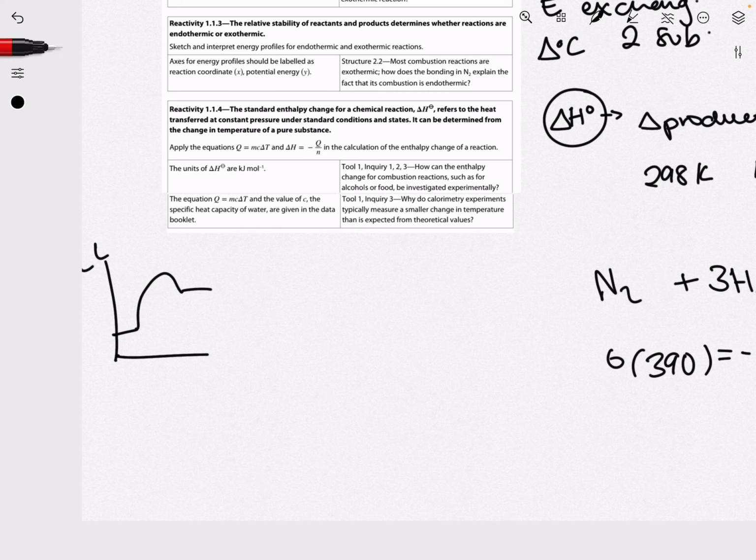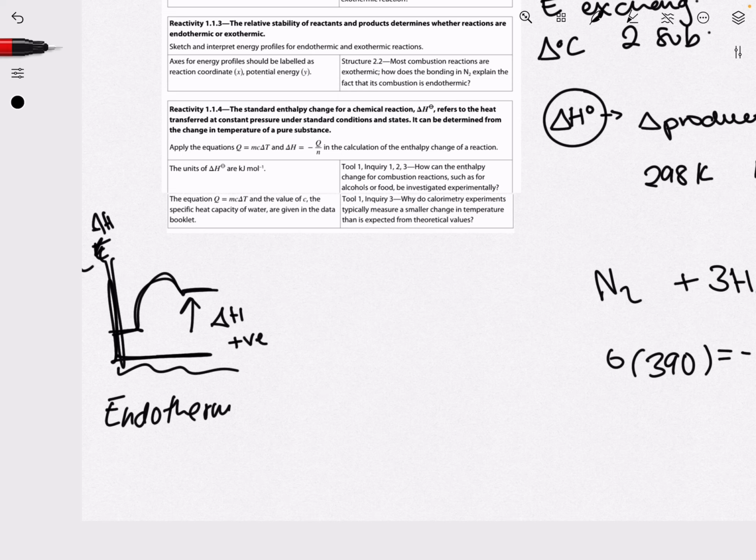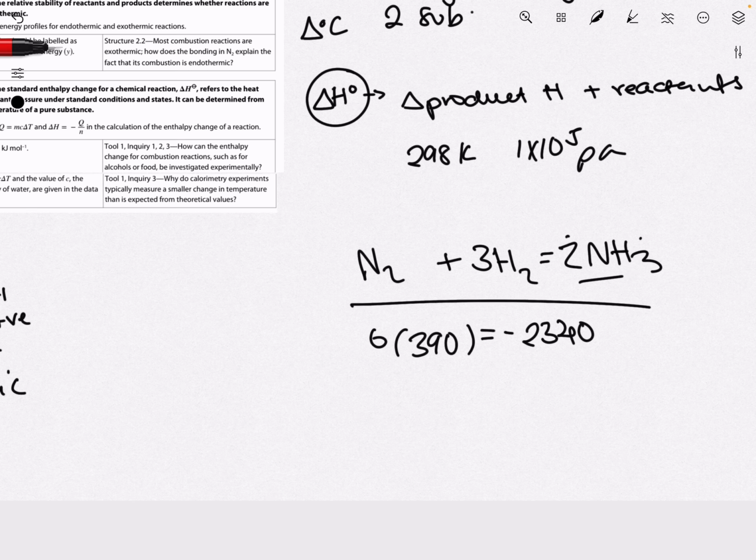Here on the left, we just have energy, actually let's make that delta H. Here we can see an increase in delta H. So there is energy coming into the system as your enthalpy at the end is higher than that in the beginning, showing us a positive increase in this value, which is the energy profile level diagram of an endothermic reaction, such as our ammonia over here.